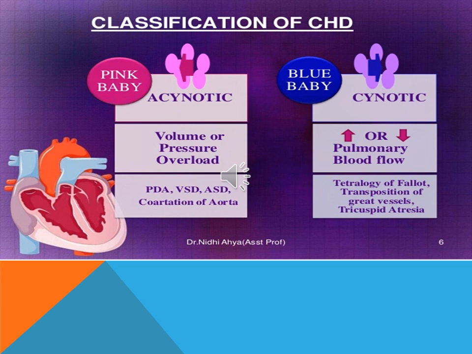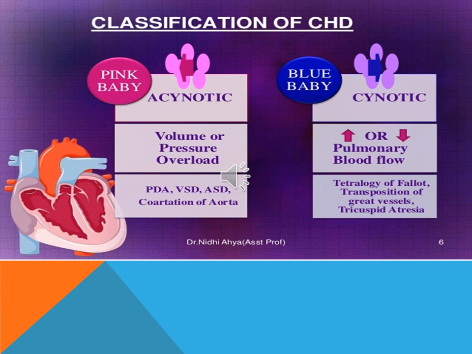The blue heart, the blue baby abnormalities: the baby will be cyanosed, a blue baby. Why? Because there are changes in the pulmonary circulation, which is either increased or decreased as a result of these defects. You know that after birth, when the baby cries, he takes the first breath.